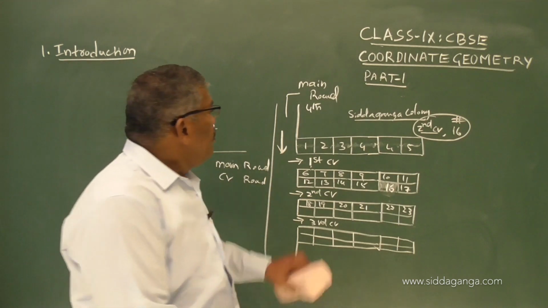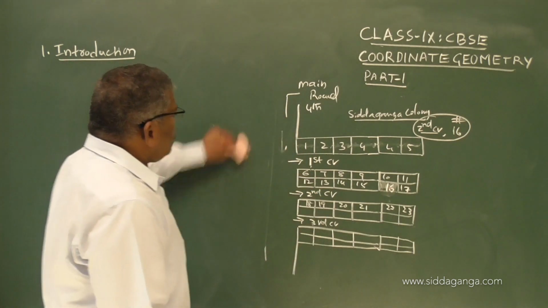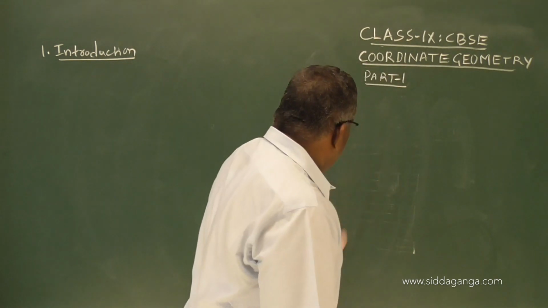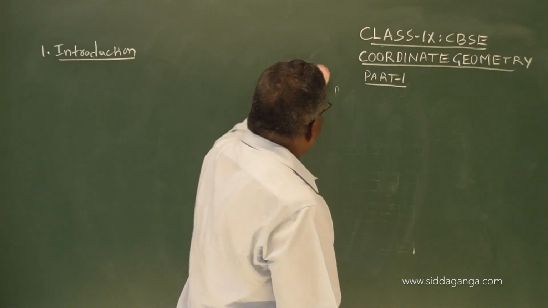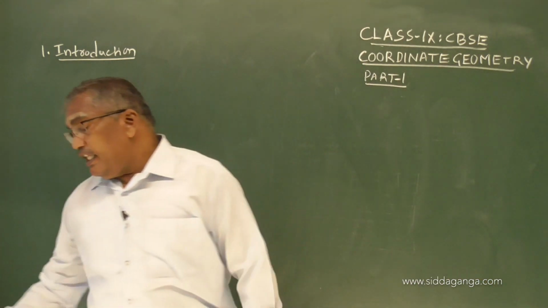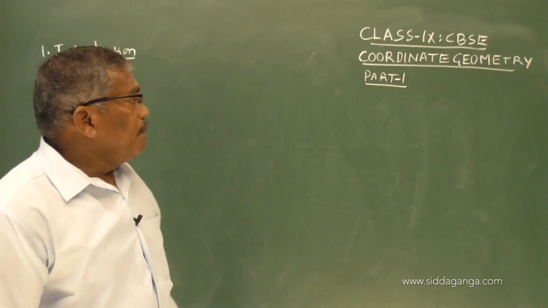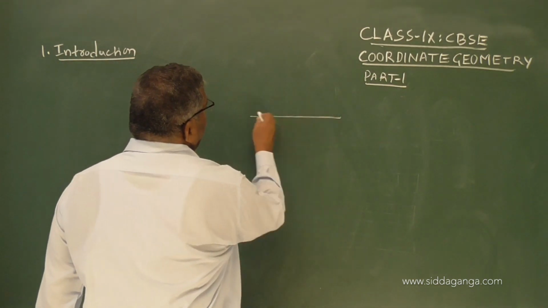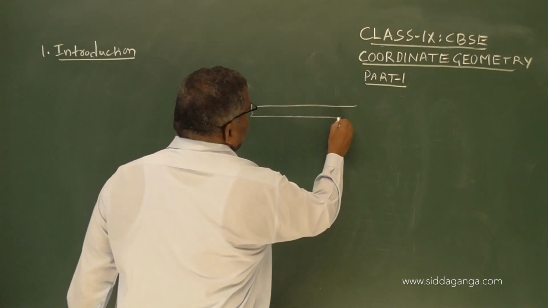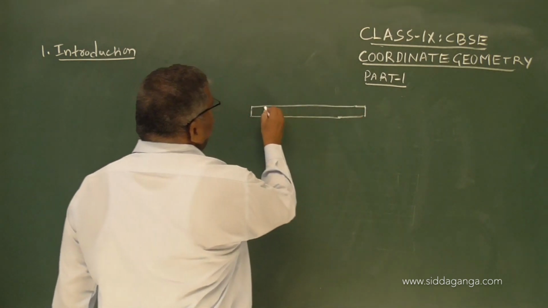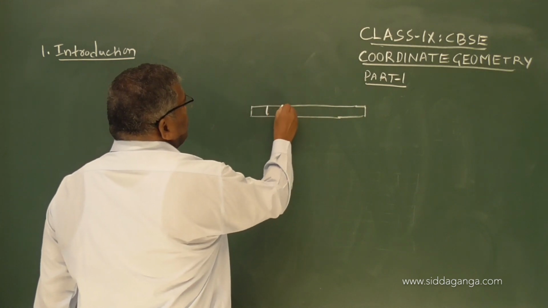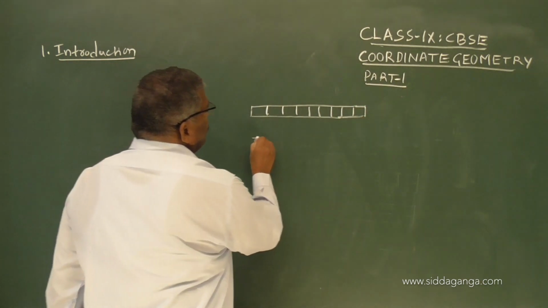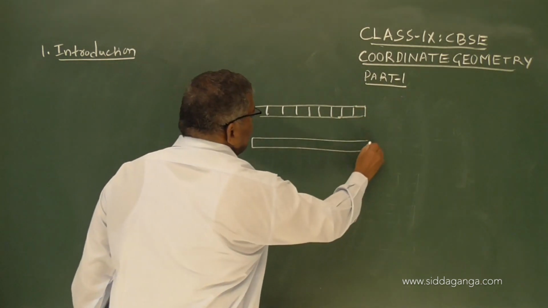So, now I will give you one more example. See, on a vacation day, if you happen to visit a film theater with your parents, suppose after entering into the film theater with your ticket, the seats will be arranged like this. These are the seats. They will be in a row. You have seen these things.